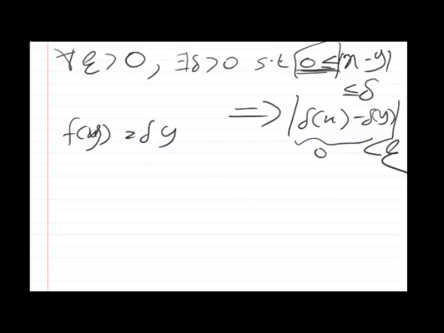So this part is not needed. This is the normal definition of continuity. It means when this happens, this function is continuous at y.